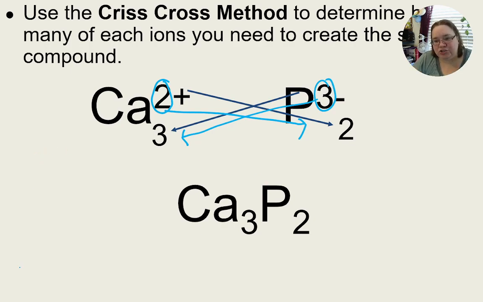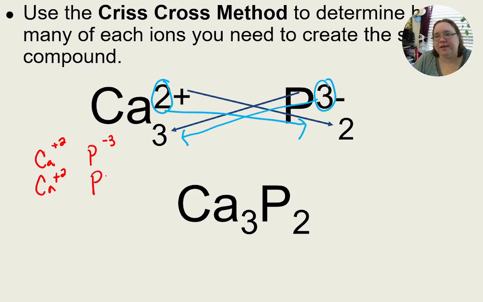This is showing me that it requires 3 calciums to balance out the 2 phosphoruses. And we could kind of see that if we just look at the charges. So if I had one of each, I would have a negatively charged substance. That's not allowed. Ionic compounds and all compounds are neutral. Well, if I had 2 calciums and 1 phosphorus, now I have a positively charged thing because I have 4 positives and -3.